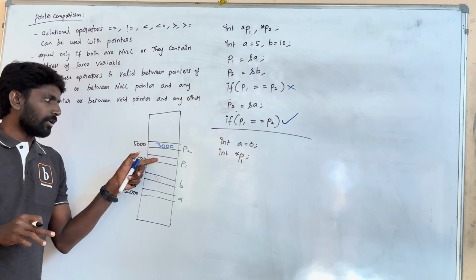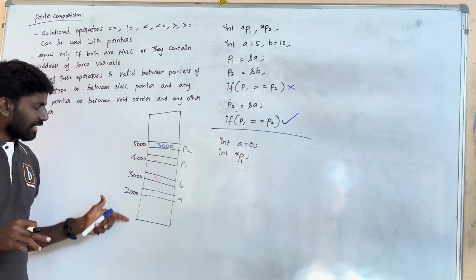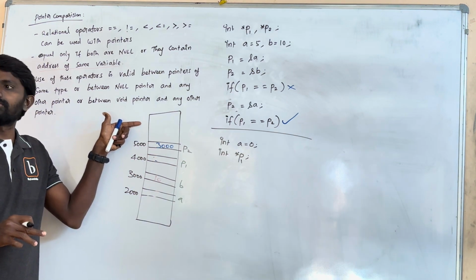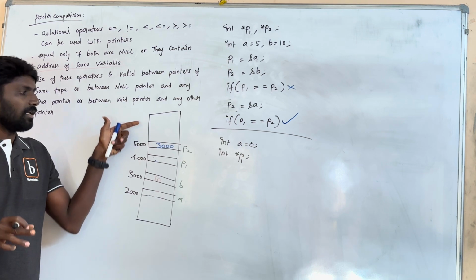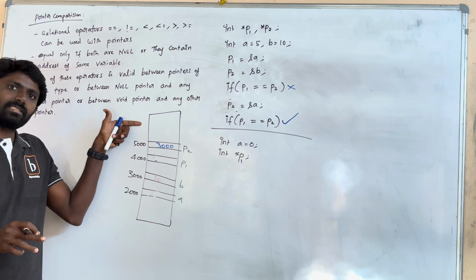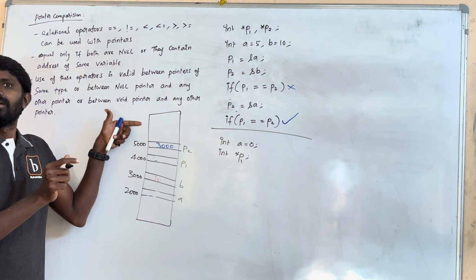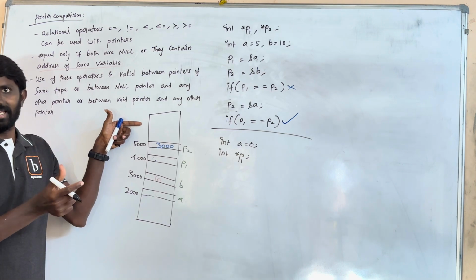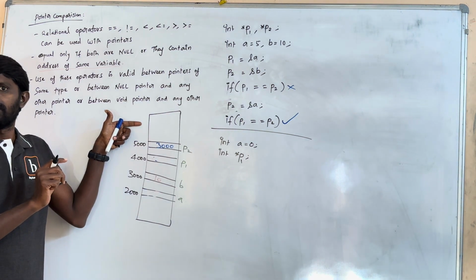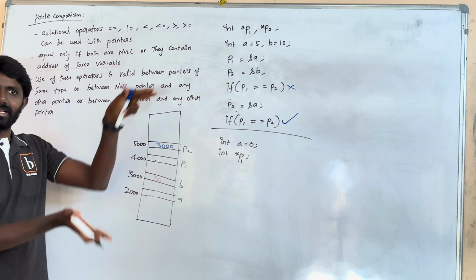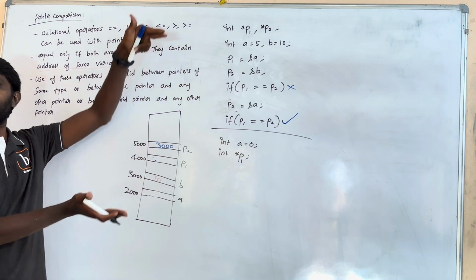So, will there be any address like 20,000? Address will be there. See, your RAM is 2 GB, 4 GB, 8 GB.